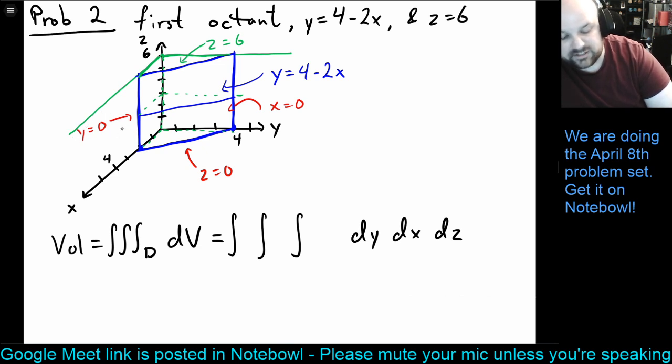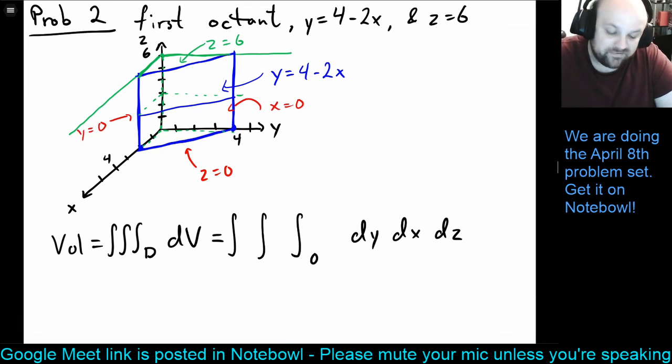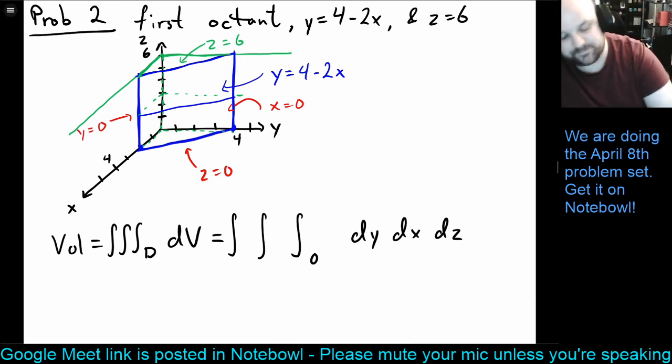The left edge here is this back wall, the XZ plane, which is Y equals 0. Actually, Y is probably the best choice here, because it's already set up for us to do this with Y first.